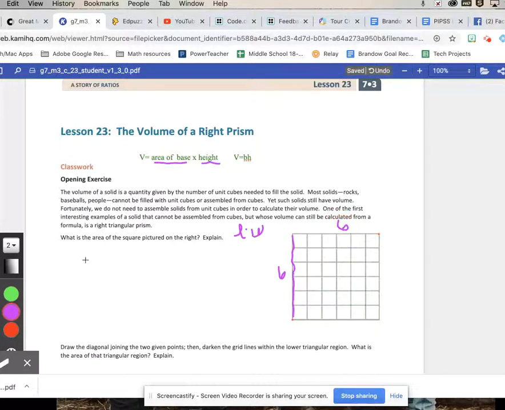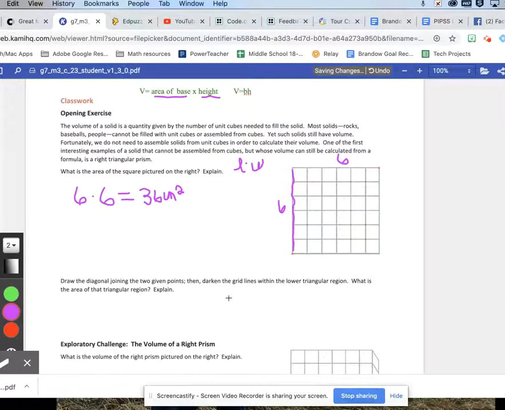So the area of this is 6 times 6, which is 36 units squared. And I could count each individual square, 1, 2, 3, 4, 5, 6, and so on, because that's how many squares are in that, but it's easier to use this formula, length times width.